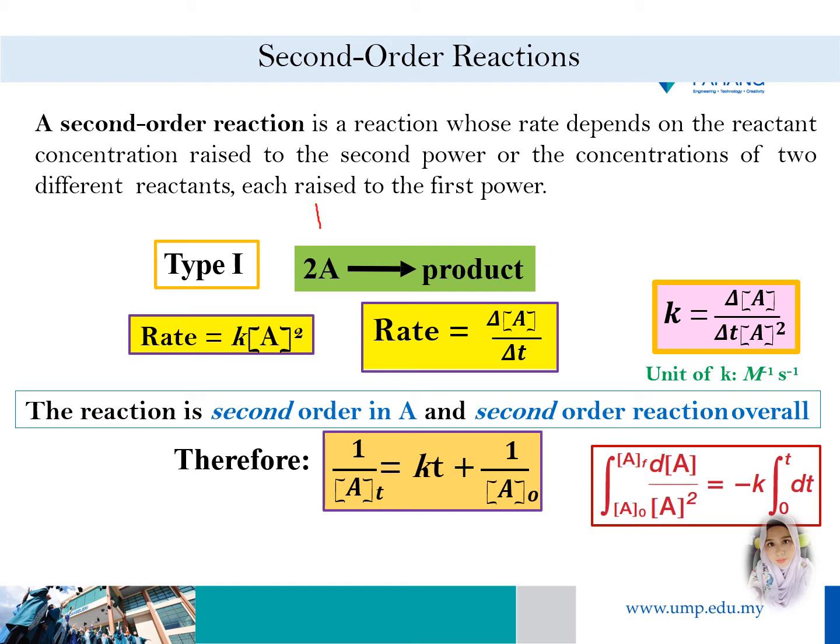You have A and A to produce a product. So the rate of the reaction is equal to k[A][A], so k[A] to the power 2, and it is equal to the change in concentration of A over t.